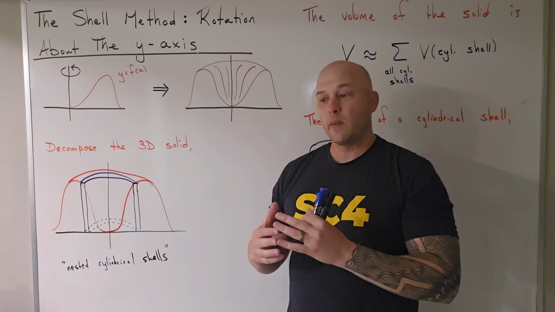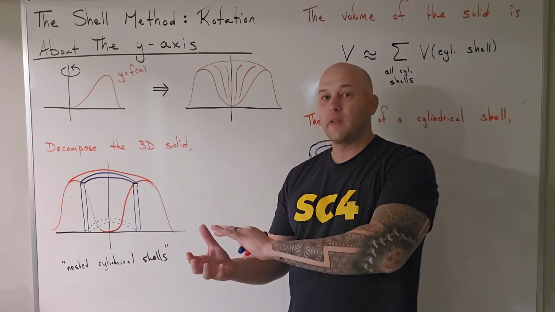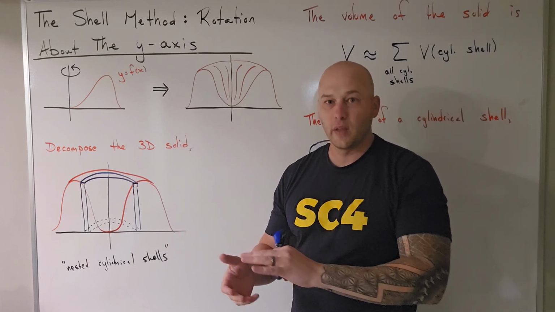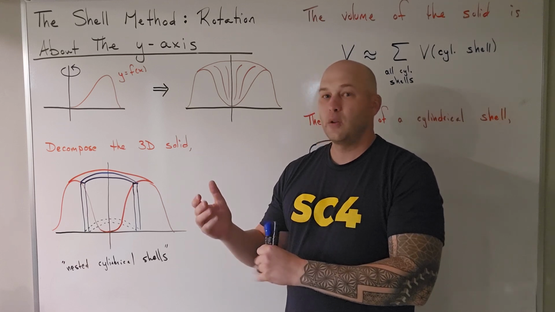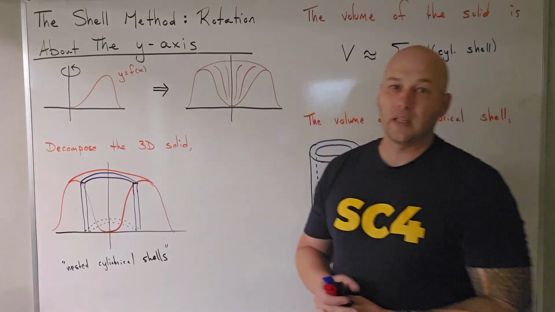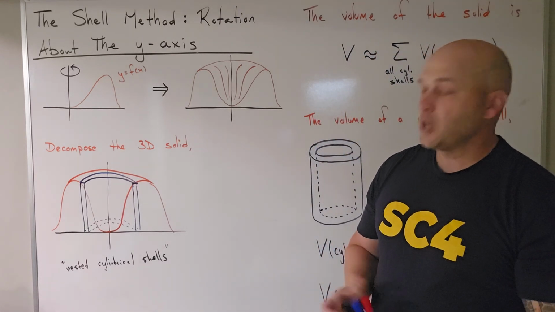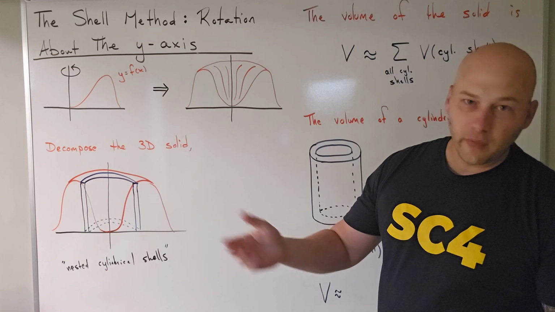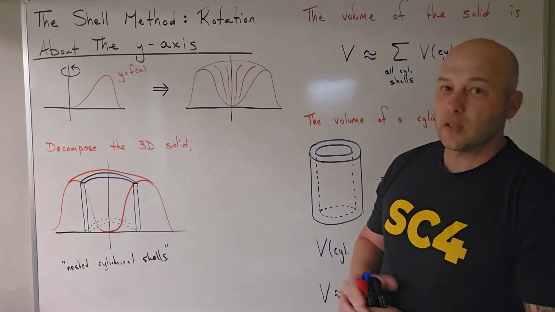Then we come up with a formula for the approximate volume or area, surface area, whatever the case may be. And then, through a limiting process, we turn that into an integral, which will give us the exact geometric quantity, again area, volume, whatever you're computing. So let's look at that process.